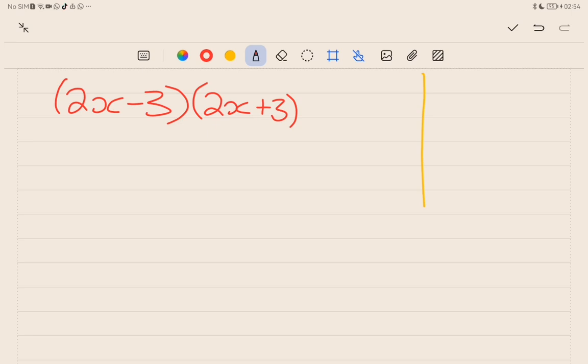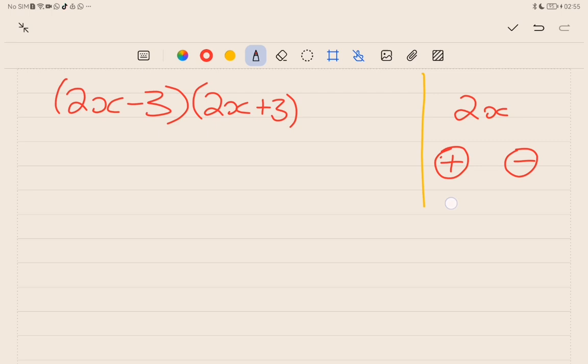So, what makes two terms? If we have 2x, it is only one term. Because why? You need to know what breaks an expression into terms. Plus and minus, they are the signs which separate or break an expression into terms.